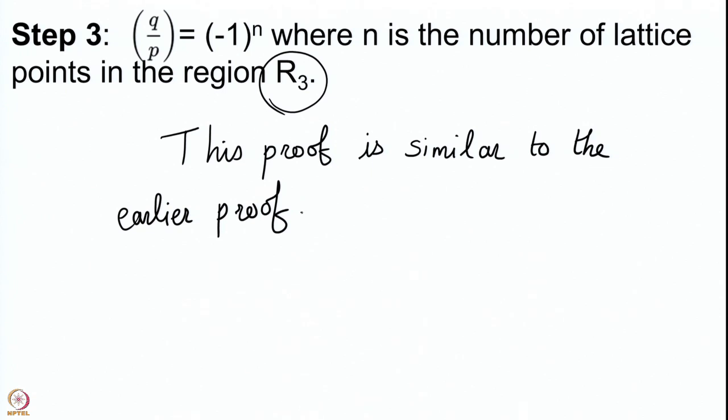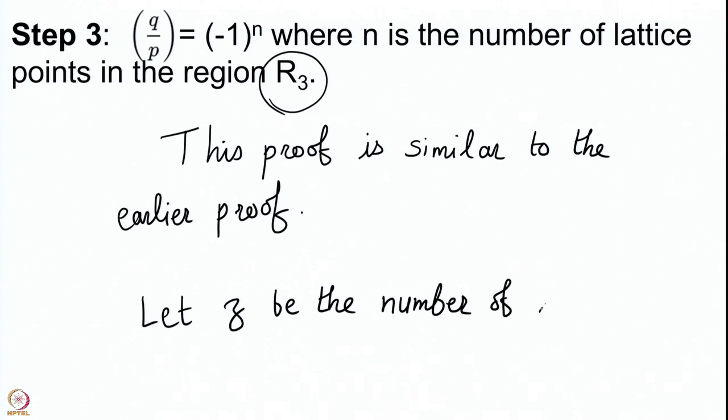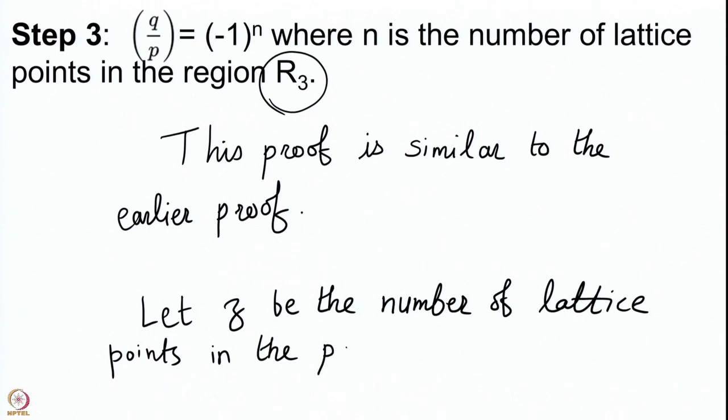Let us just set up one notation. Let z be the number of lattice points in the part R1.